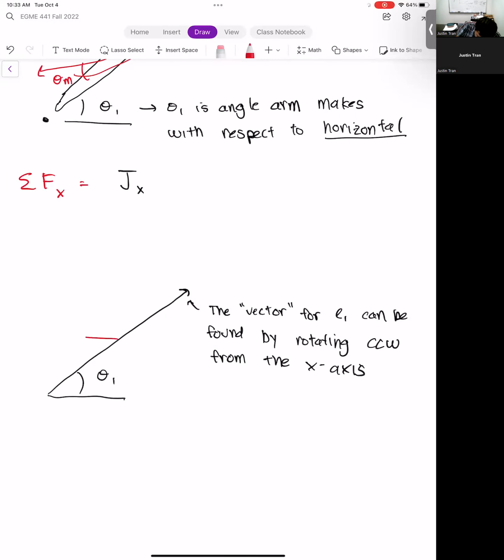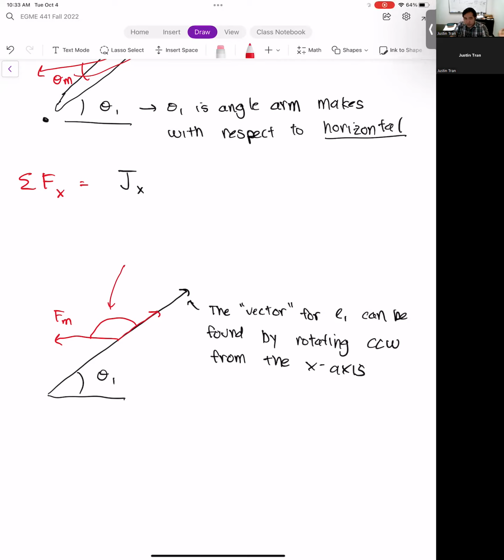Of course, we know that the angle given is with respect to the arm itself. But let's think about it like this. Instead of saying that the angle right here is theta m, let's say that one way we can get FM right here is if we start with a vector that's parallel to the arm, parallel to L1, and then we rotate it counterclockwise this way. The angle that we're looking at now is not the small angle here.